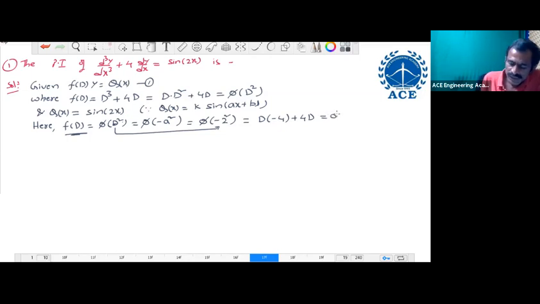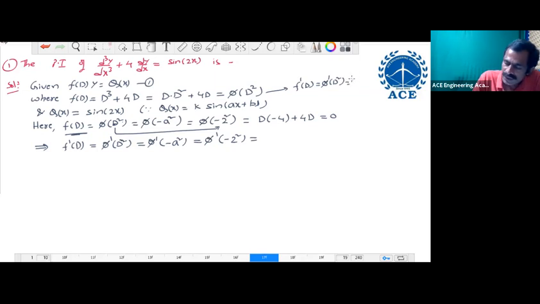So whenever phi of minus a square is 0, we go to the next derivative, which implies f dash of D equals phi dash of D square equals phi dash of minus a square equals phi dash of minus 2 square. The derivative of this is 3D square plus 4.